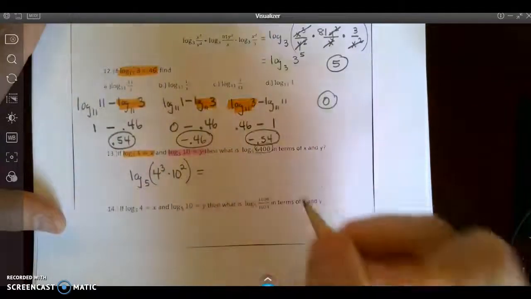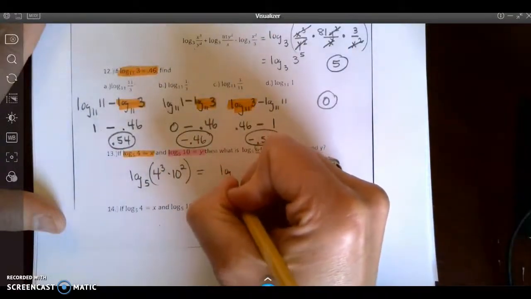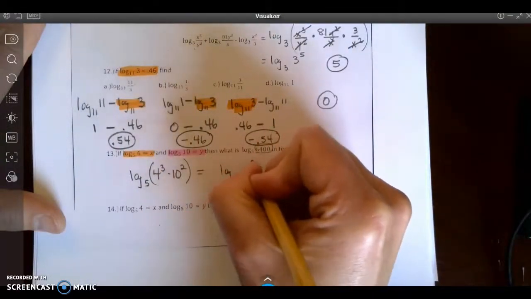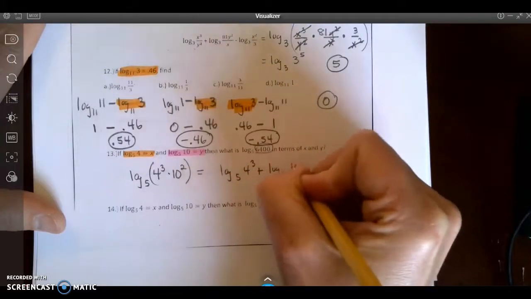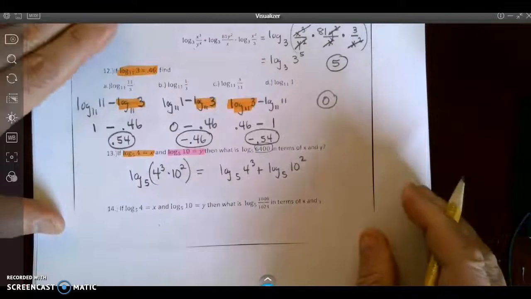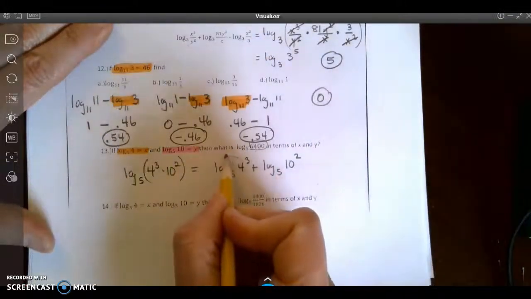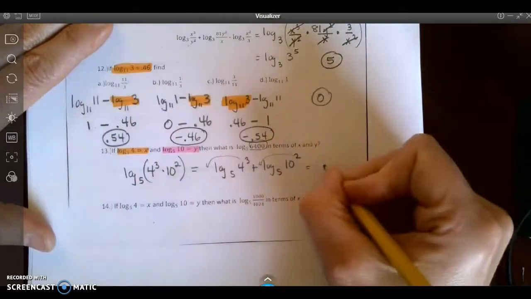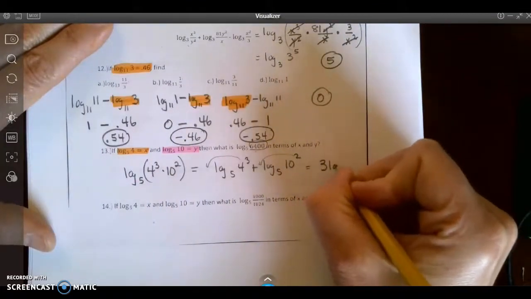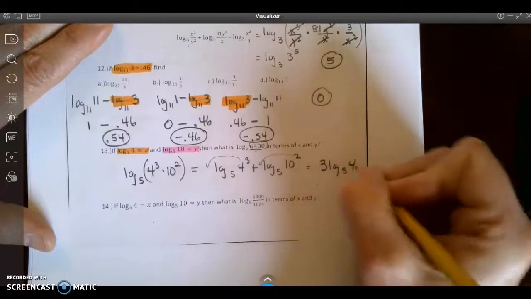Well, now I can expand this to the log base 5 of 4 cubed plus the log base 5 of 10 squared. Then I can move my exponents to the front, and I get 3 times the log base 5 of 4.